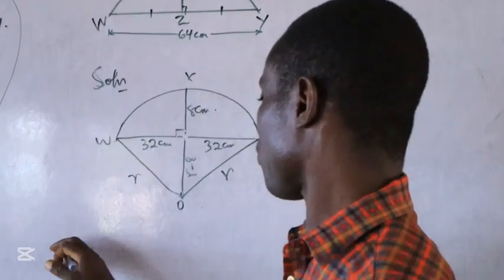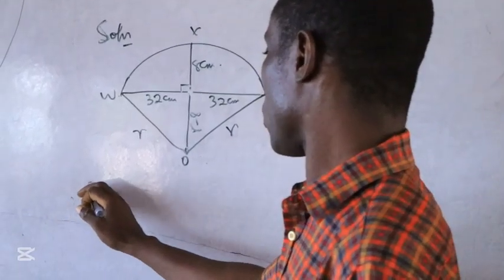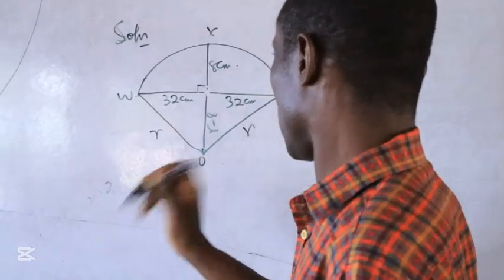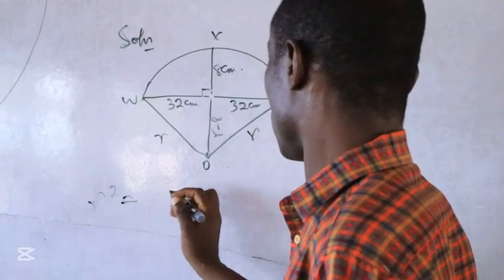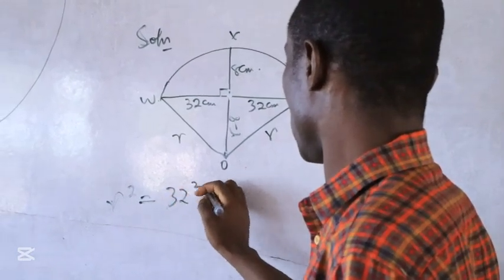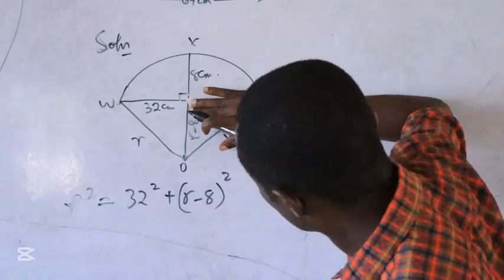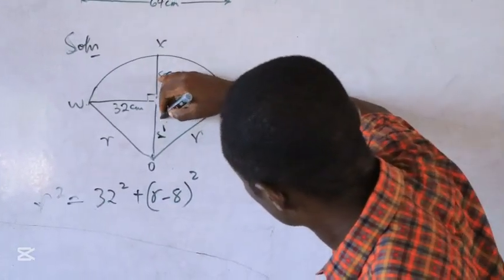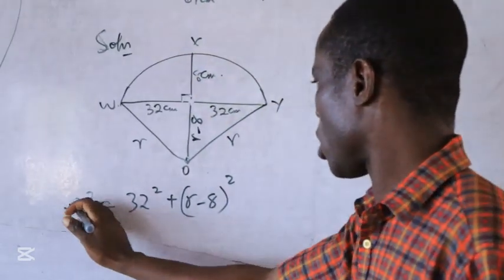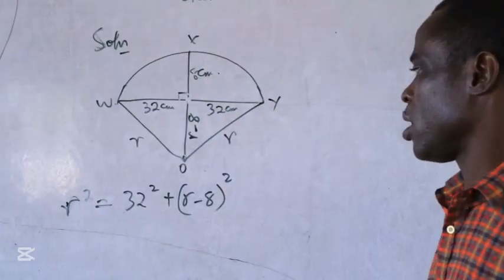You have R squared is equal to 32 squared plus (R minus 8) squared. This is R minus 8. Let me write this very well. Okay, this is R squared. Now, we can now expand it.